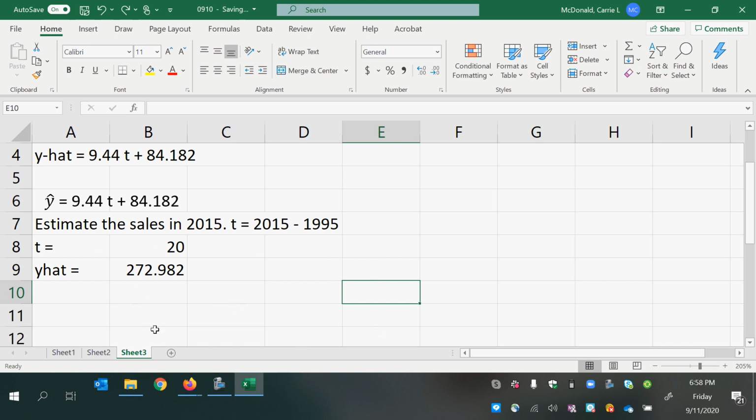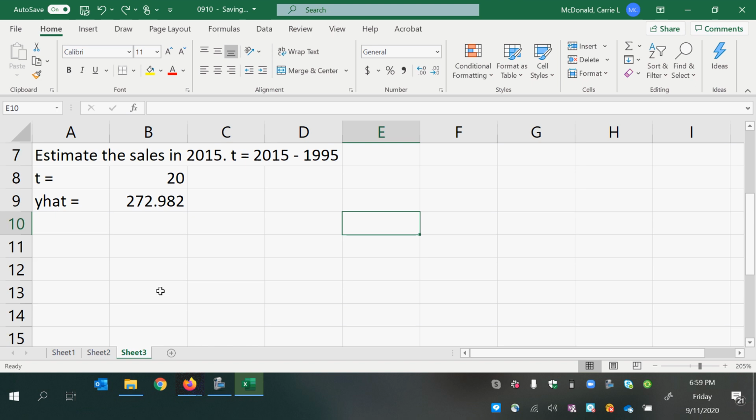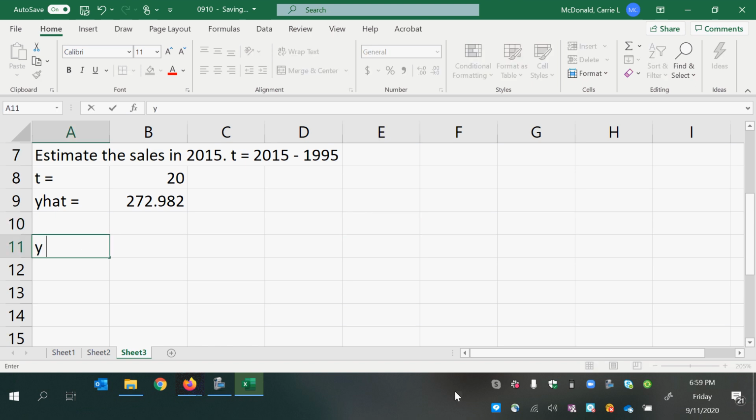All right, so what we want to do this time is the other way around. They tell us the number of dollars in billions, 231 billion, right? So they're actually giving us a y value, 231 billion. What is the year that this would happen in?